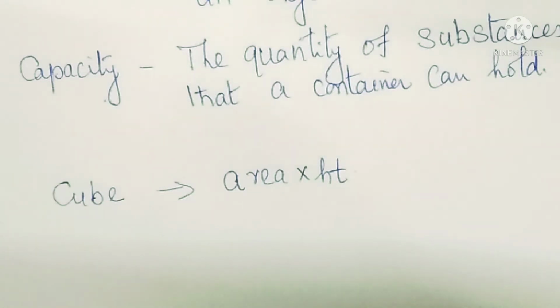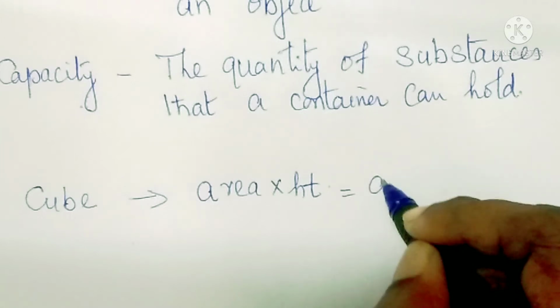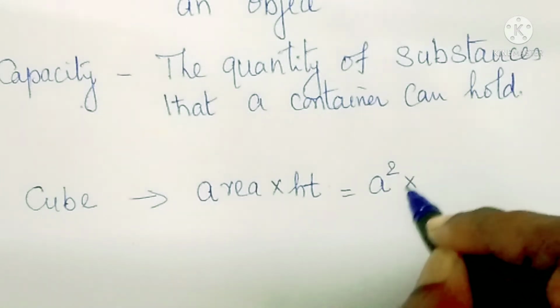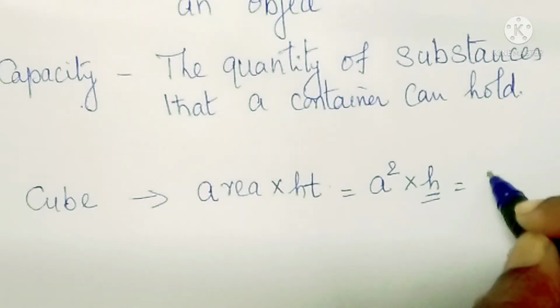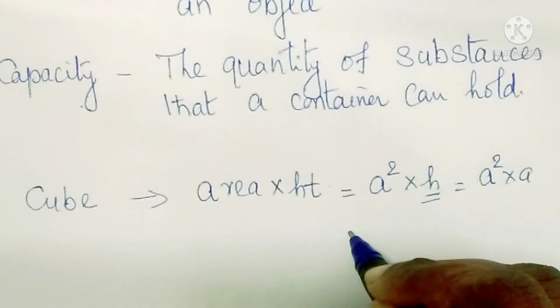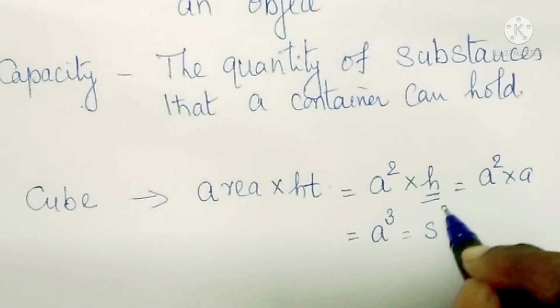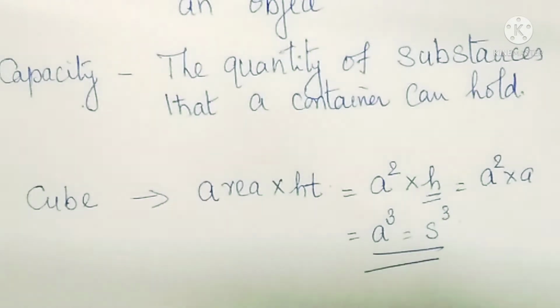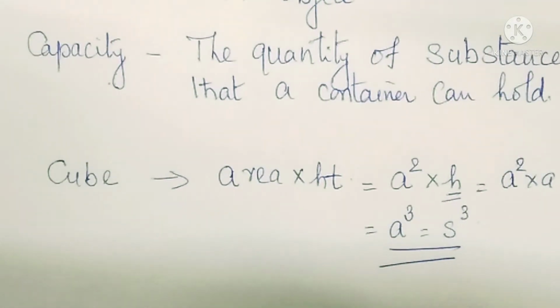Area of the plane surface multiplied by height. What is area? a square multiplied by h. Here h is also equal to a. So it will be a square into a, that is a cube, or you can also write side cube. Whatever may be the side, you have to multiply it by itself 3 times. That is the volume of the cube.